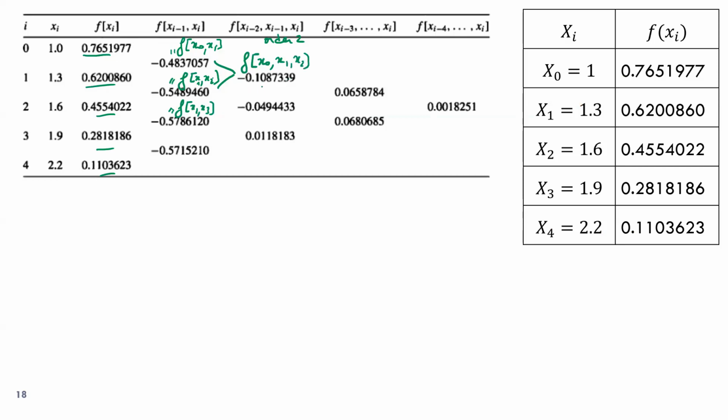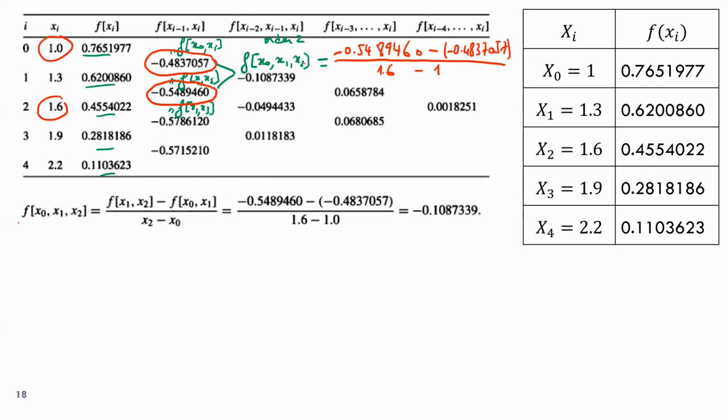كيف جيت minus 1 0 8 هذه؟ نحسب the difference اللي هي minus 0 5 4 8 9 4 6 0 minus هذه minus 0 4 8 3 7 0 5 7 divided by x2 minus x0, 1.6 minus 1.